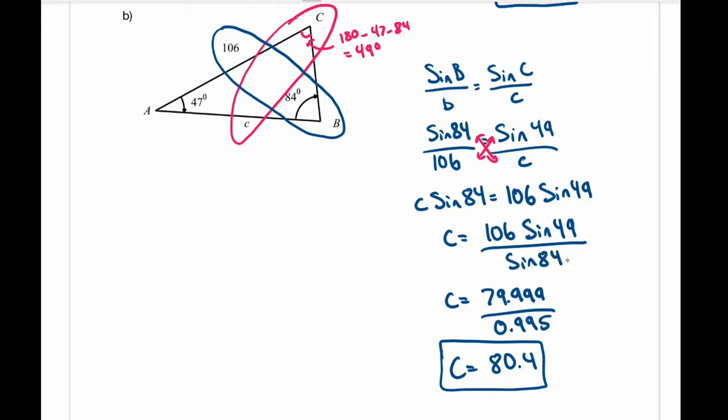Here you could do this entire step right here on the calculator if you wanted to and go right to your final answer. Or you could break it down, simplify the top, simplify the bottom, and then divide your two numbers. In the end, you should get that side C is 80.4 units long.